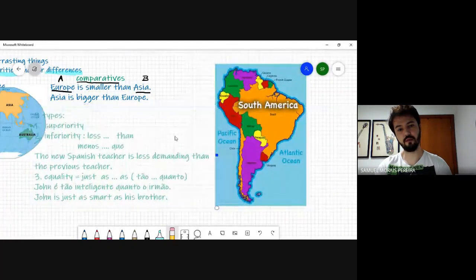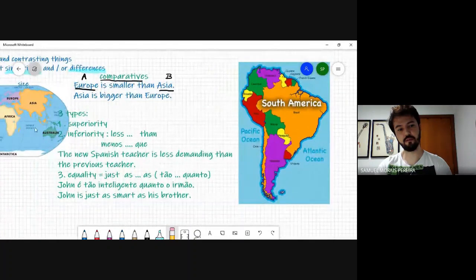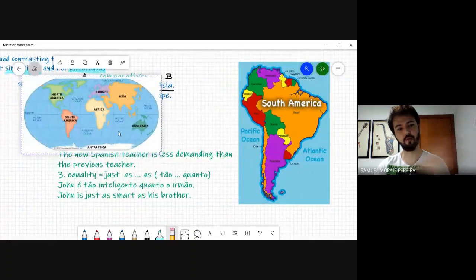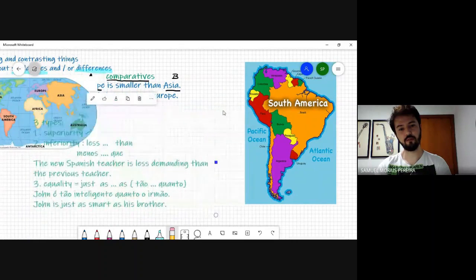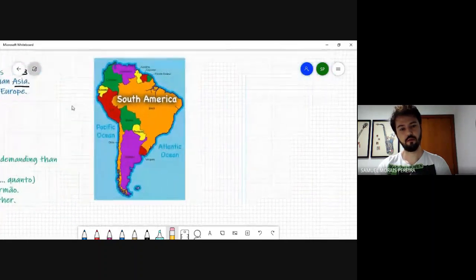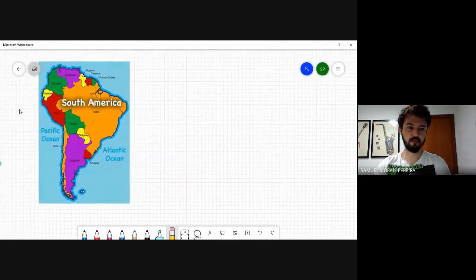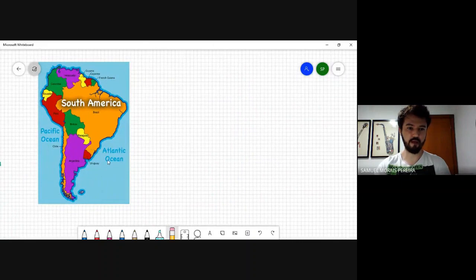So I have here on the left the map of the entire world, right? And I compared Europe to Asia, right? Now, I want you to pay attention just to this map here. I have here all the countries we have in South America, right? We have here Brazil and the other countries, right?